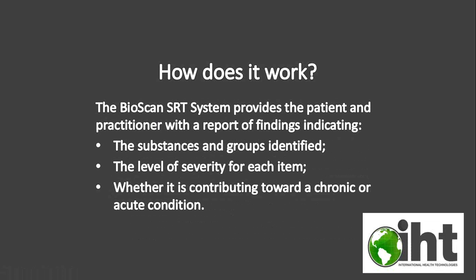The Bioscan SRT system provides the patient and practitioner with a report of findings, and it indicates the substances and groups identified, the level of severity for each, and whether it's contributing towards a chronic or acute condition. The benefit of this is while the patient is getting tested, they can see, now the scale is different on the SRT than the MSA.